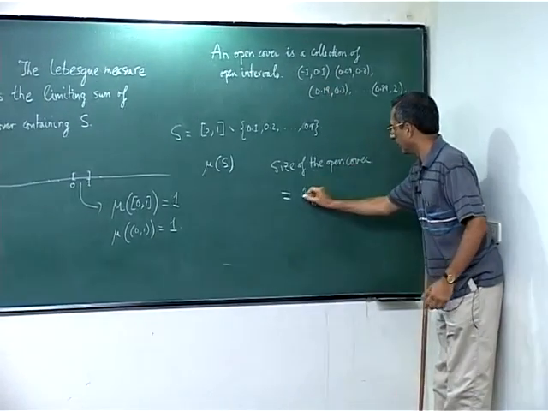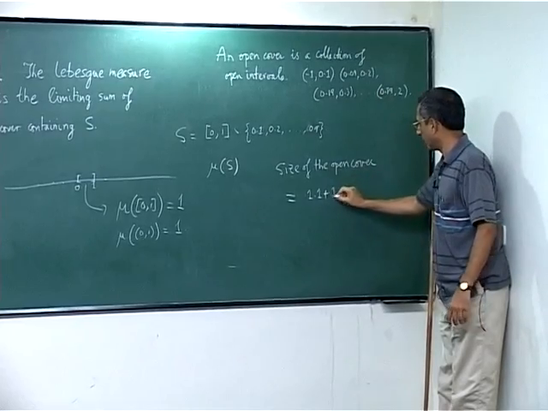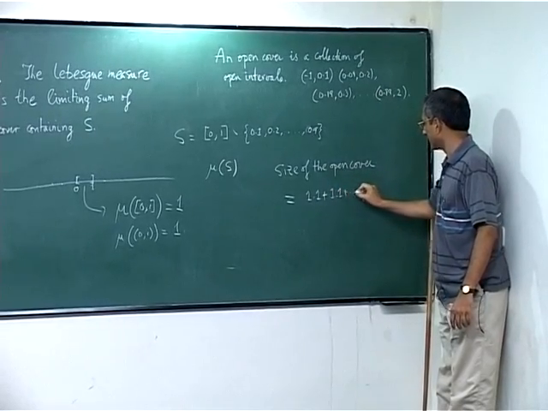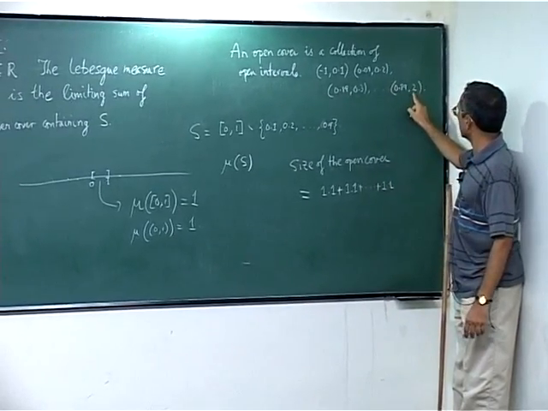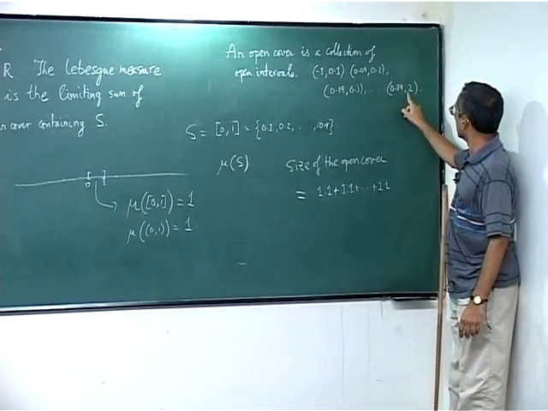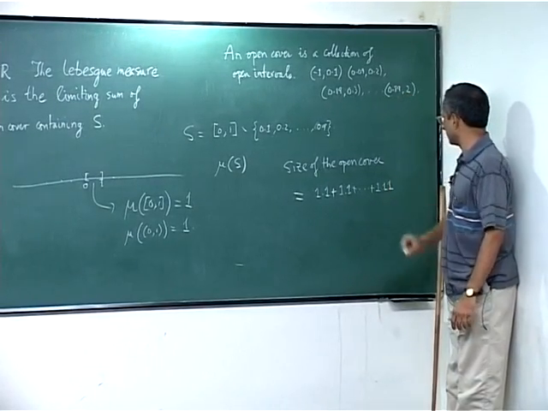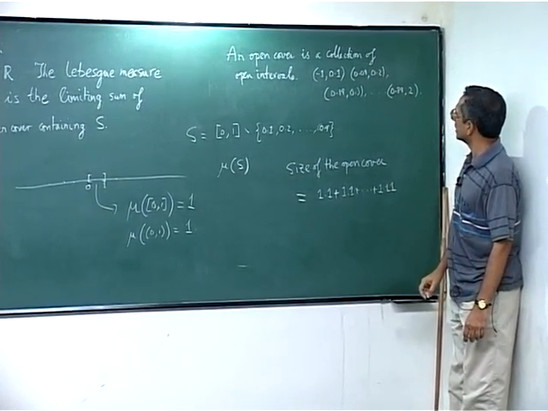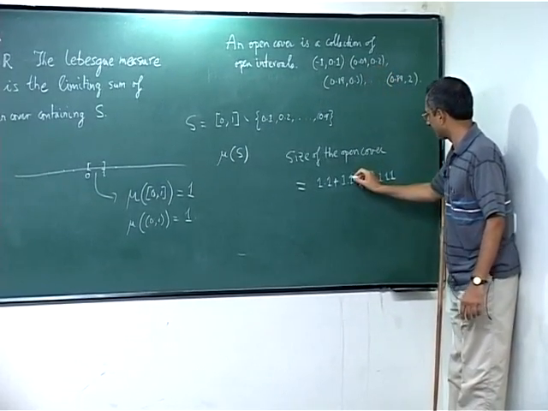In this case, it's 1.1 plus all of them are 1.1. I deliberately took it like that. So there are 9 of these, and the last one is a bit large.